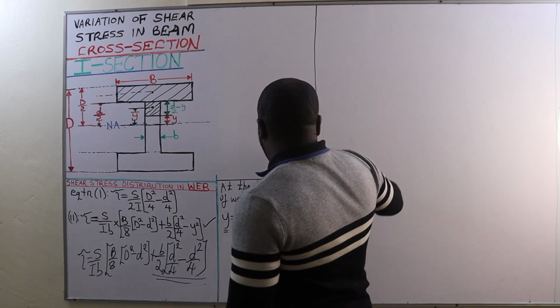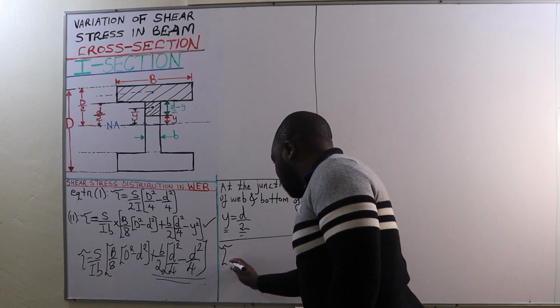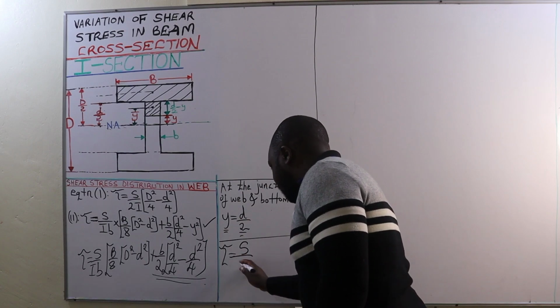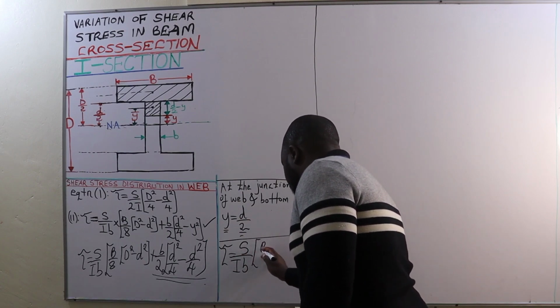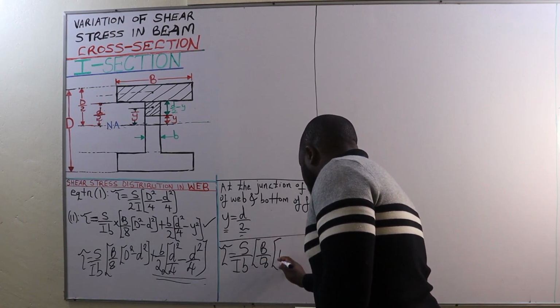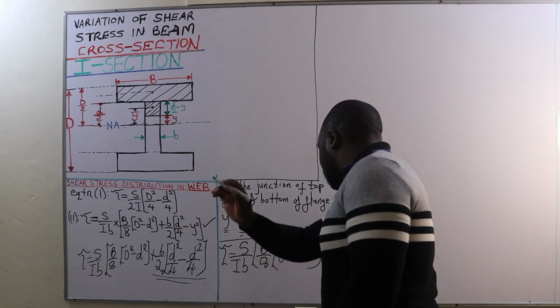And therefore, that is going to give us shear stress now being S over IB into B over 8 into D squared minus d squared.